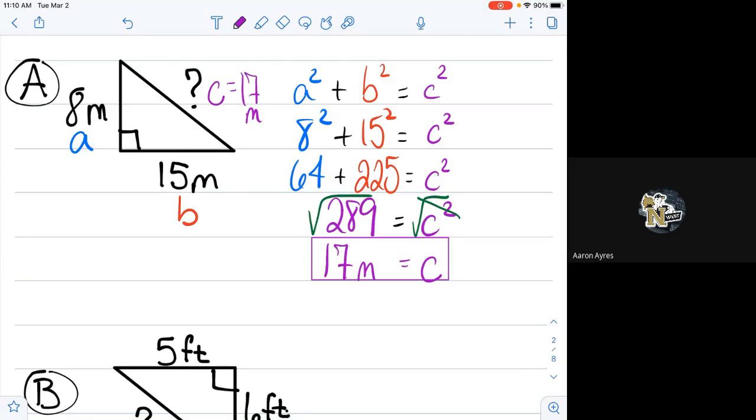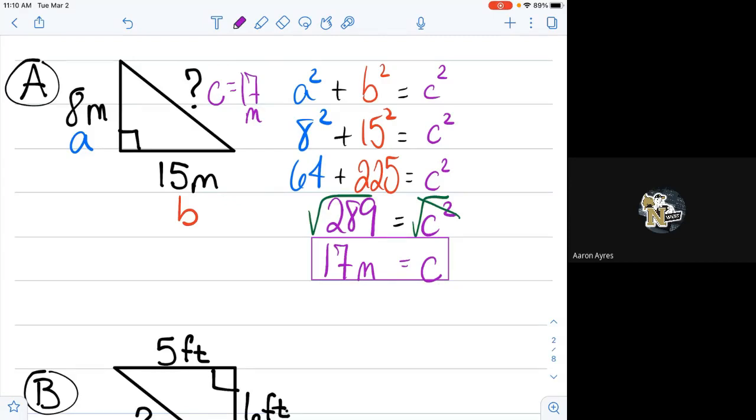Ever see how that works? Think everybody's going to be okay with this? Good. All right, very good. So here's what we're going to do now. I'm going to give you problem B to work on. I want you to try it yourself. I'm going to walk around.